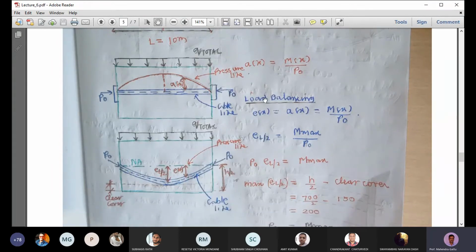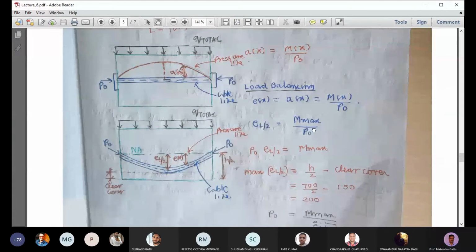Now we do the load balancing. We provide an eccentric cable with the eccentricity E of x with respect to the neutral axis, that is equal to A of x, and that will be equal to M of x by P naught. The maximum eccentricity will occur at the center, and that is denoted by E L by 2. So that will be M max by P naught.